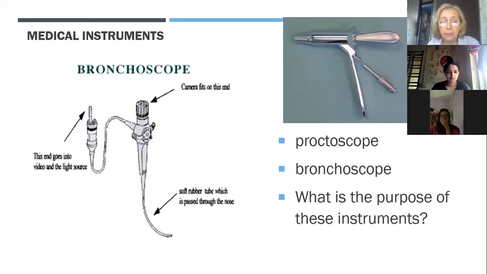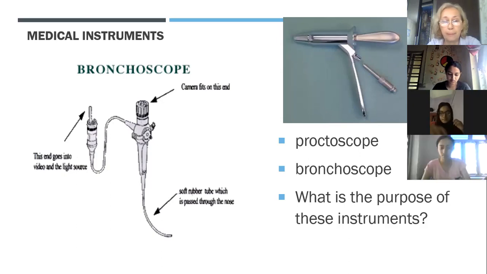What do they examine? Let us listen to Taib. Taib, are you here? Yes, ma'am. Okay. Proctoscope. It's used to examine the insides of rectum and anus. Mhm. And about bronchoscope?